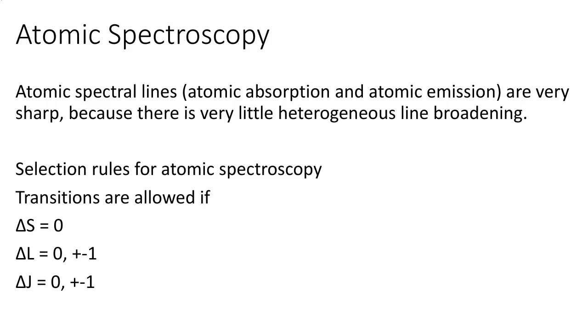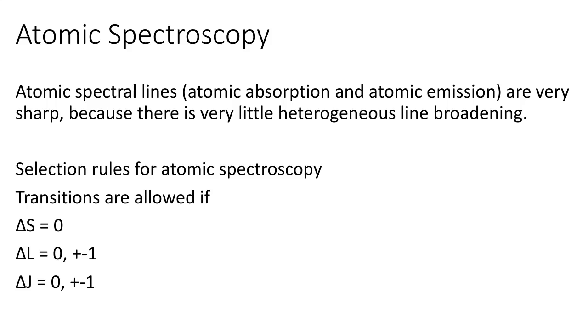Atomic spectral lines are very sharp because there's very little heterogeneous line broadening. You can still get uncertainty line broadening and Doppler line broadening, but not that kind of heterogeneous line broadening. For atomic absorption and atomic emission transitions, typically you don't scan a spectrum, but they're very, very narrow.